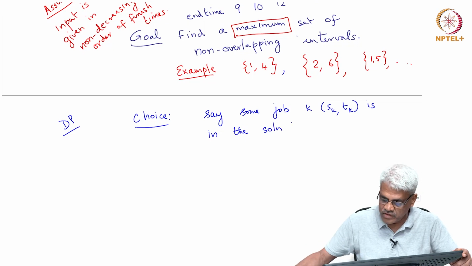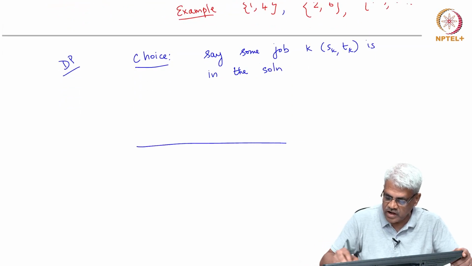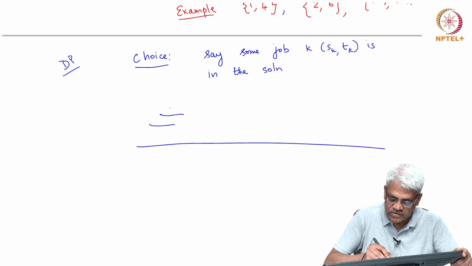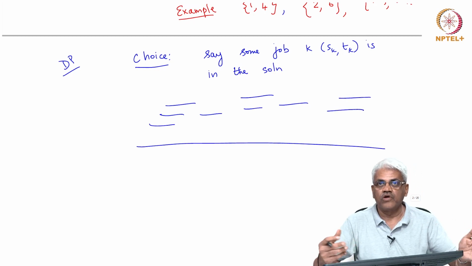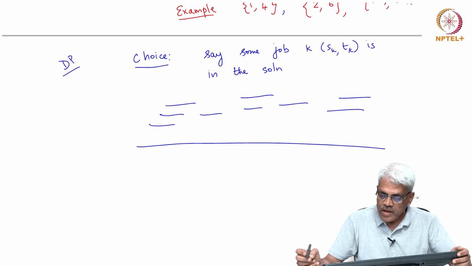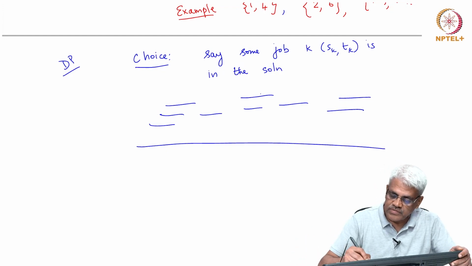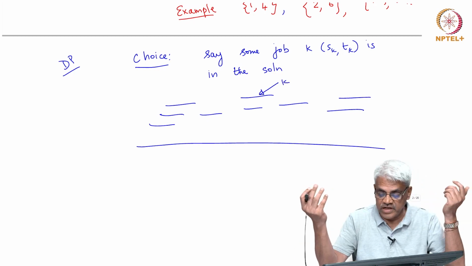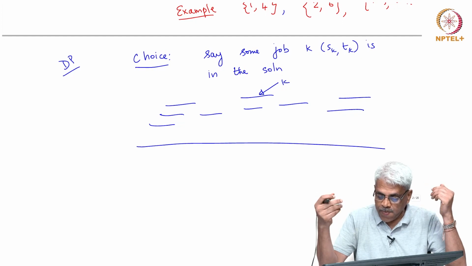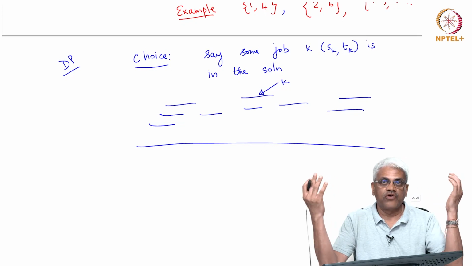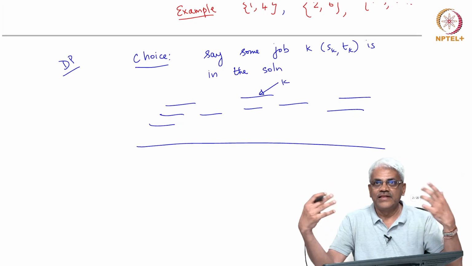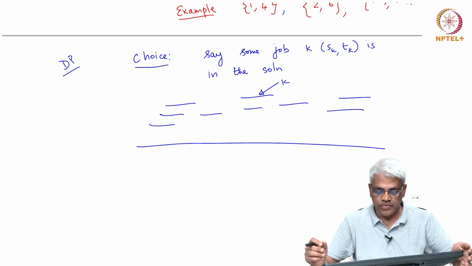So another way to think about this input is that somehow on the real line you are given these kinds of intervals, okay, start time and end time, and I want to find the maximum number of non-overlapping intervals. Okay. So you are told that some job k is in the solution. What if it's not? We'll see it. If it's in the solution, can I do a recursive formulation, right, for the remaining problem I need to solve? That's what dynamic programming is about.